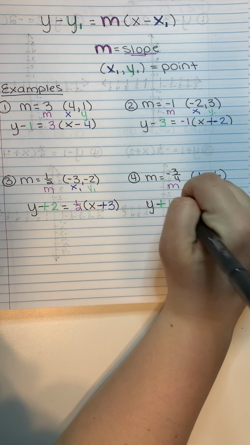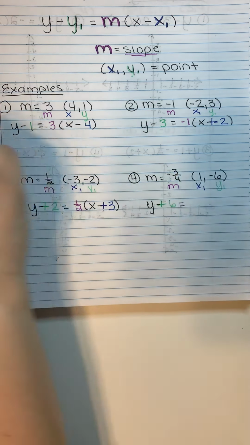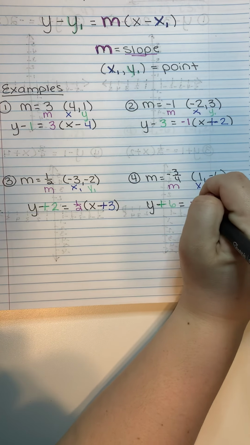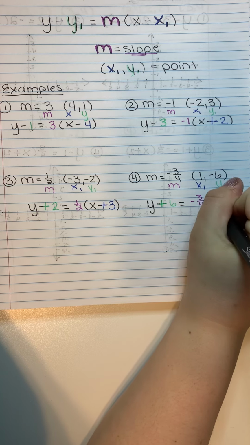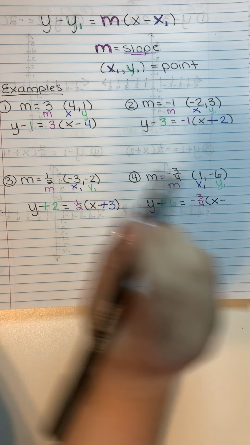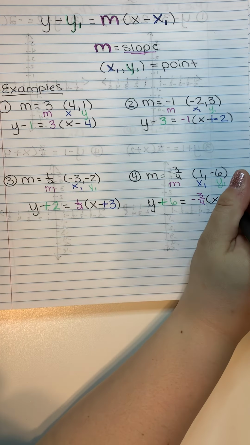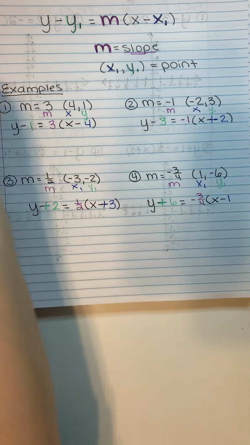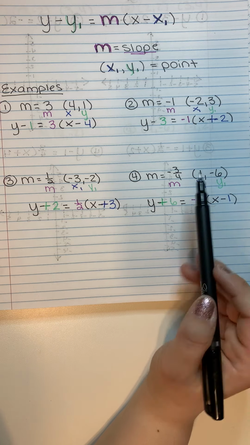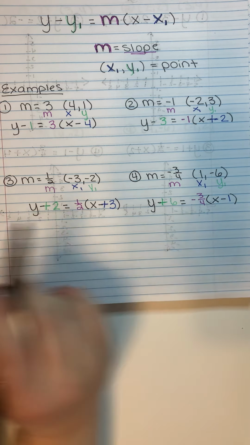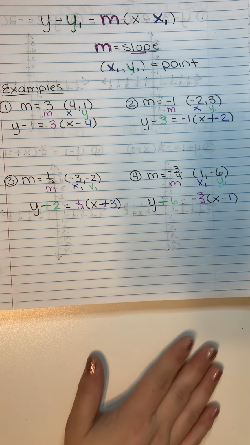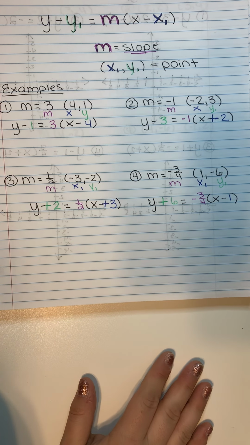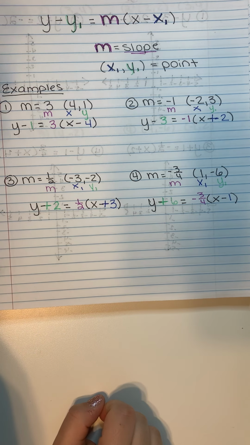Then equals our m, -3/4, and then parentheses, x minus, and then our x1, which is 1. Again, this is a +1, it's a -1 in our form. This is a -6, it's a +6 in our form. If you have any questions on plugging it in, let me know. So that's the first thing you're going to do today: plug it into the form.